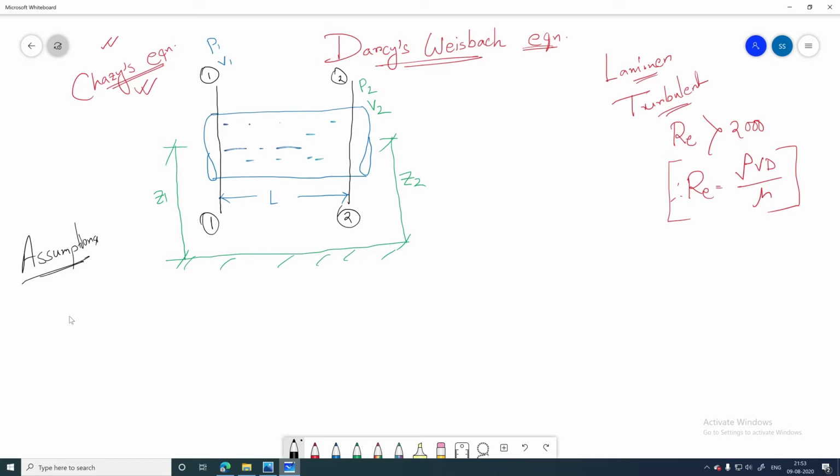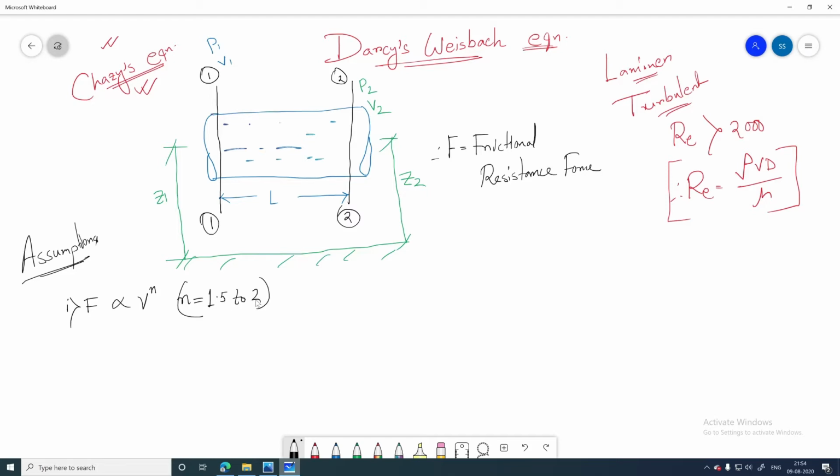The first assumption is, in the case of the Darcy-Weisbach equation, the frictional resistance force, denoted by capital F, is proportional to V to the power n, where V is the mean velocity and the range of n is 1.5 to 2.